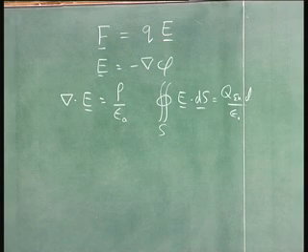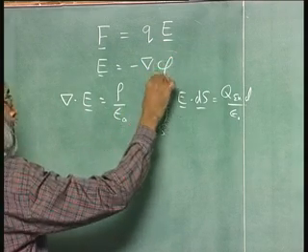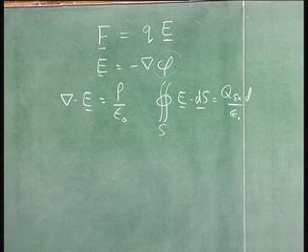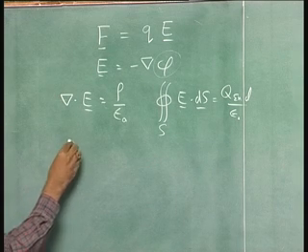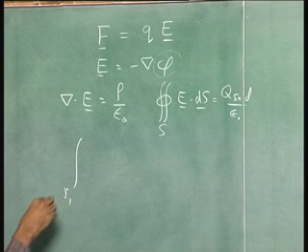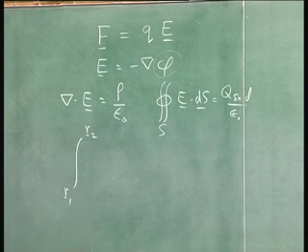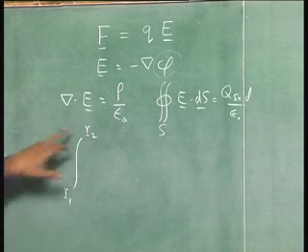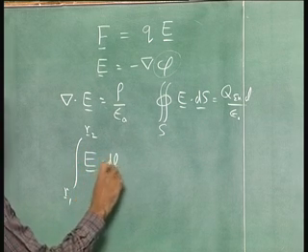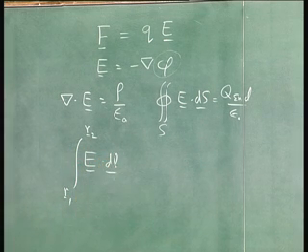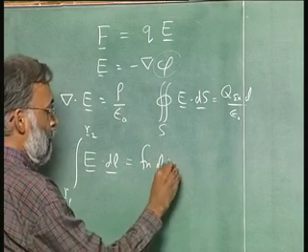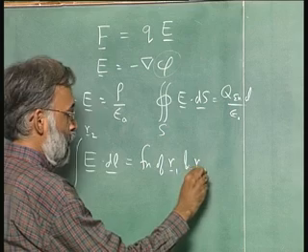Now, one of the things that came out of defining a potential was something very important. We proved that if you take any position r1 and any position r2, for any r1 and r2, if you did integral E dot dl, it was equal to a function of r1 and r2 only.